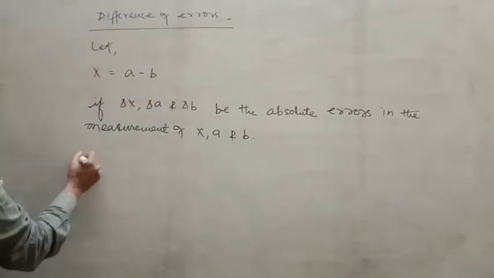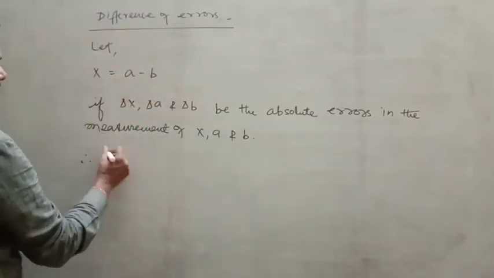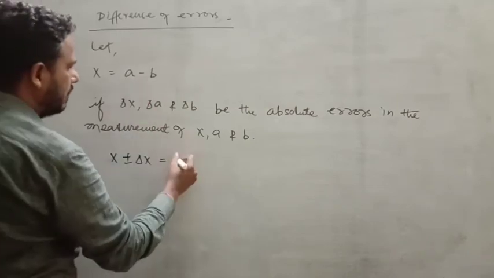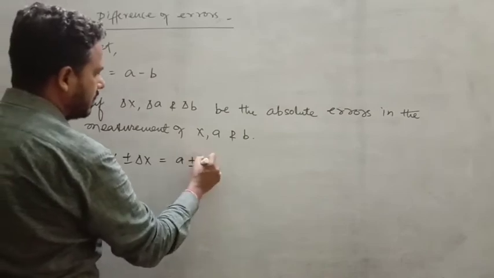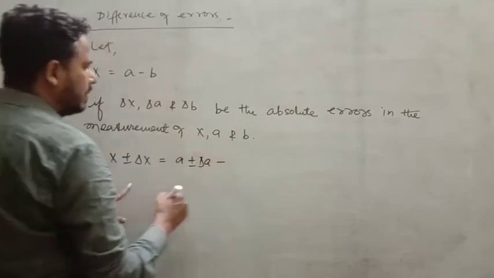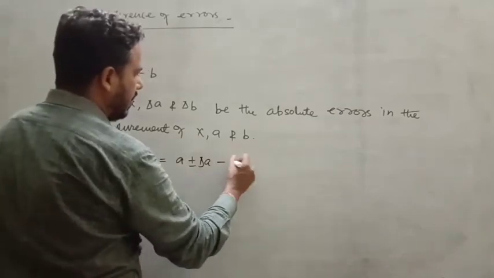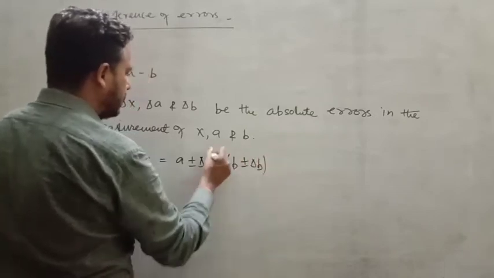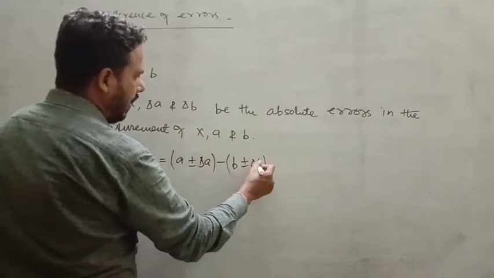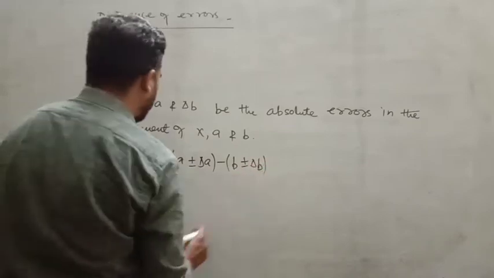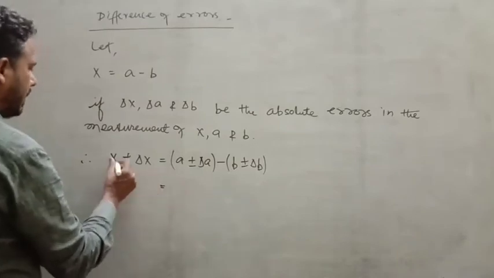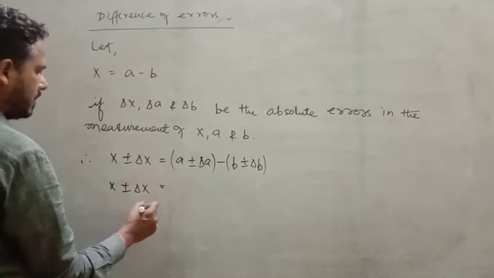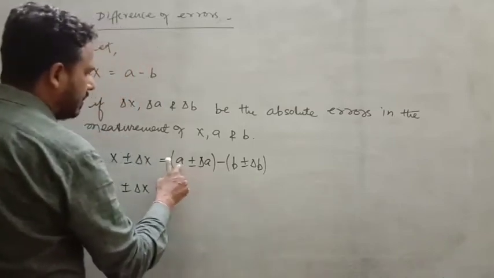Therefore this can be written as x plus minus delta x equals the first measurement plus its absolute error, minus the second measurement and its absolute error, plus minus delta b. Now it is very simple. You can see that it is a minus b.